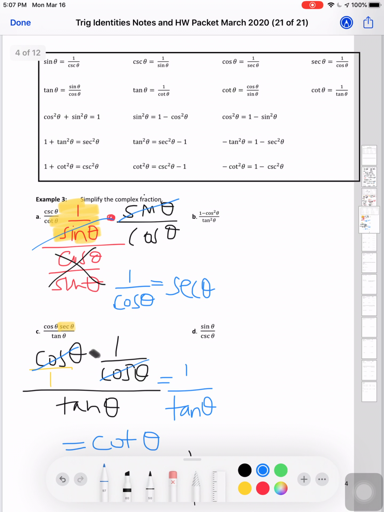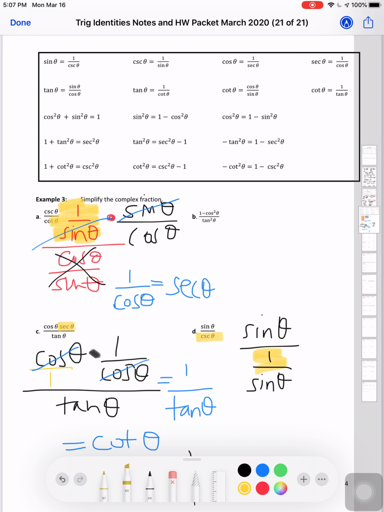So in the case of D, I'm going to change this part. Let's make this a highlighter. We're going to change this one. So it will be sine of theta over 1 over sine of theta. We're going to keep that top fraction the same.